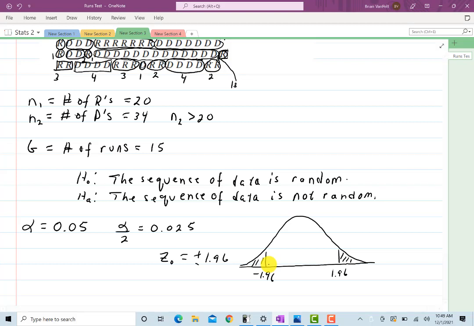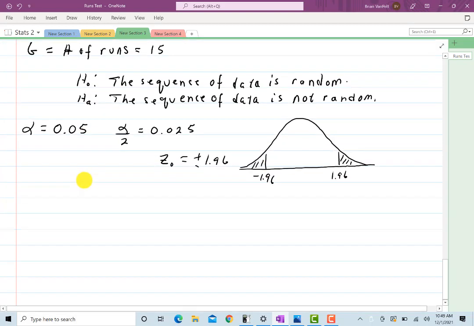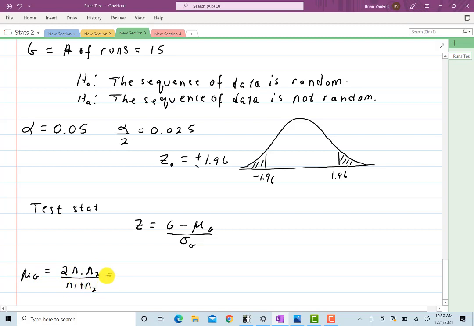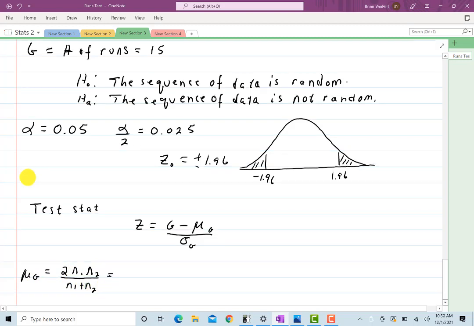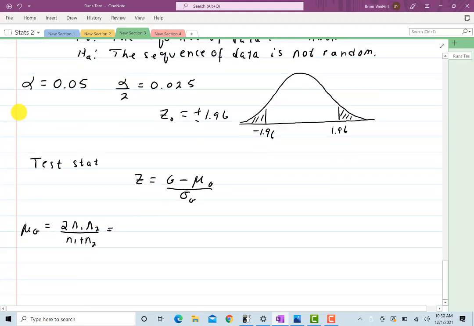Let's go ahead and calculate our statistic, or test stat. That's z equals g minus mu sub g over sigma sub g. Mu sub g equals 2n1 n2 all over n1 plus n2. The n1, let's see what we had, was 20, and the n2 was 34.